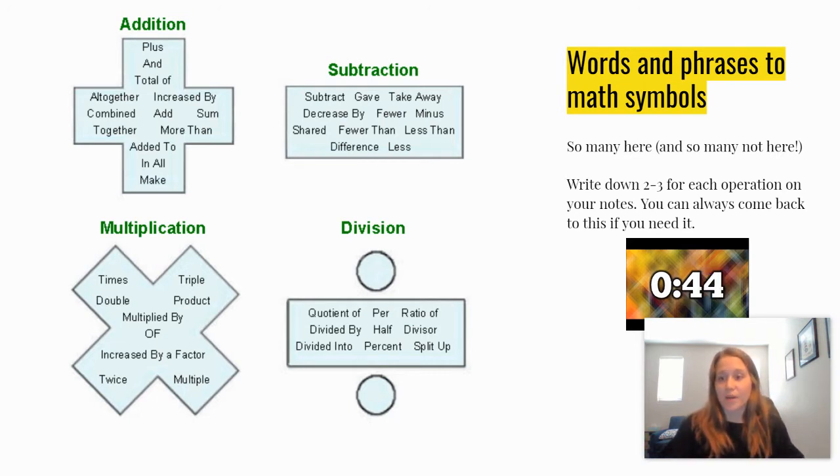You can write down 1 or 2 that you think you'll see a lot, and then maybe one that surprised you on this list or one you don't see very often, and now you're going to look out for. So make sure you have 2 or 3 words for each of these 4 operations.